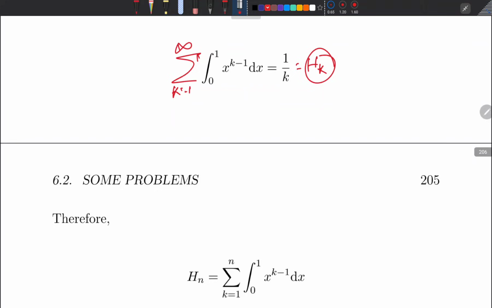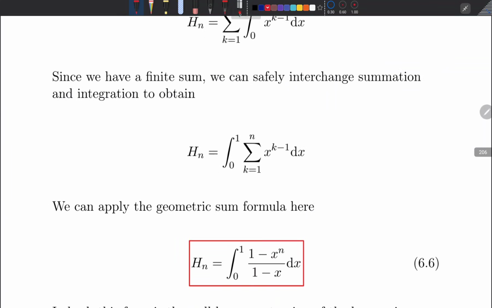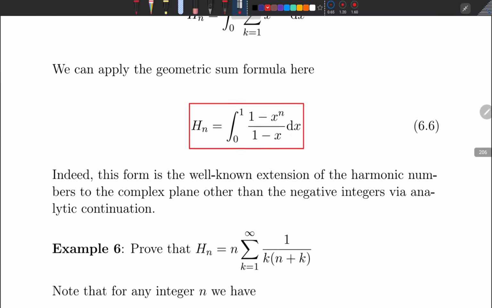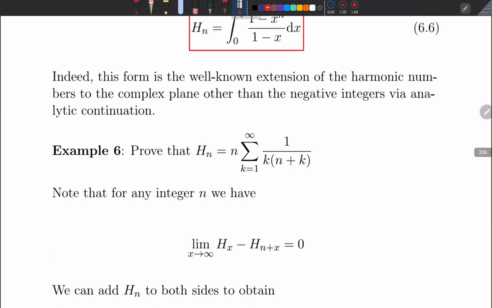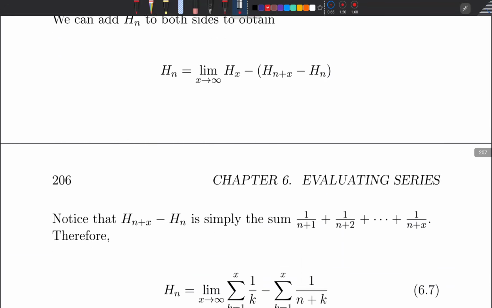I'm so sorry, it's h sub n, because when n is going, it's a finite sum, so h sub n. Great, so we have this part, and that's how you can expand this as the geometric sum, right? So it's the finite geometric sum. Actually, that's its notation for the finite geometric sum that we have studied in the previous chapter, in our previous video of this book.